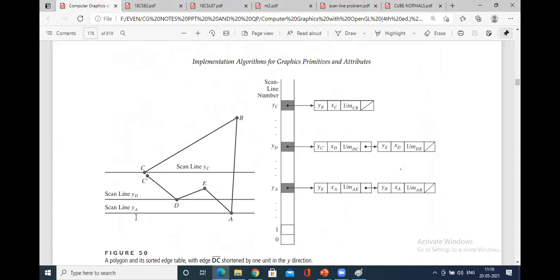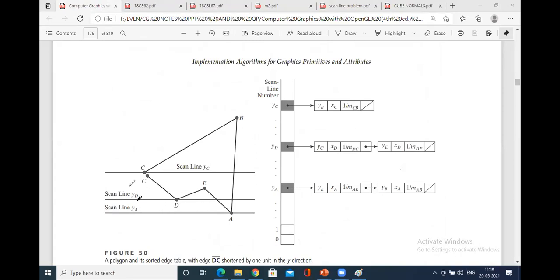So imagine this diagram. What is happening in this diagram? The scan line is passing from YA to YD through the various vertices and edges of a polygon. Imagine scan line YA; it starts at some value of Y. The last scan line is YD, at some intercept, and in between there are many scan lines.